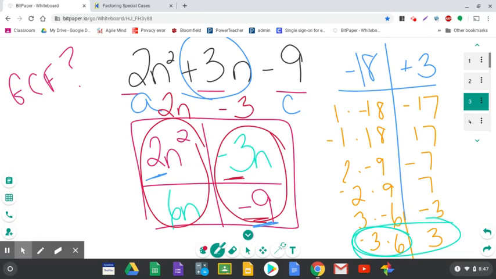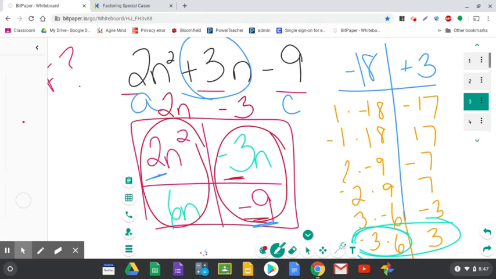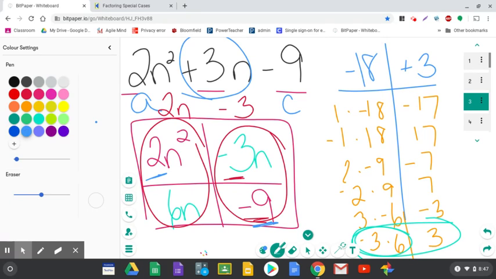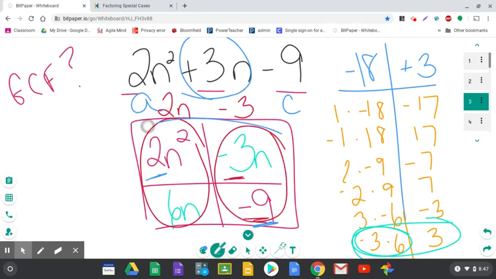Because they're both negative. Okay. Going for my first row, 2 and -3, the only thing they have in common is a 1, but I can also take out an n. All right, so I could take out a 1n. And then down here, 6 and negative 9, the GCF there would be a 3.